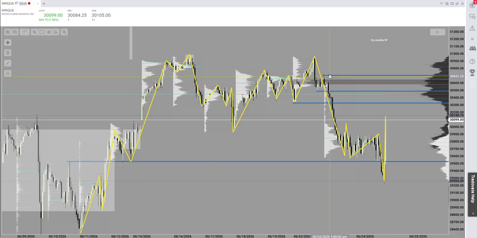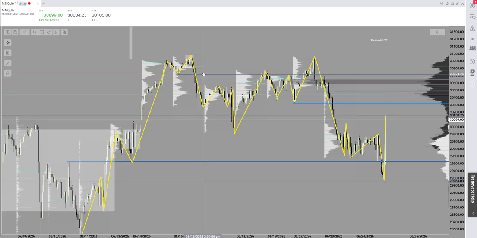And so, here we are, we're up at the top. Up at the top here, we could say that this level was potentially a break in structure. I'm not too concerned about this one.